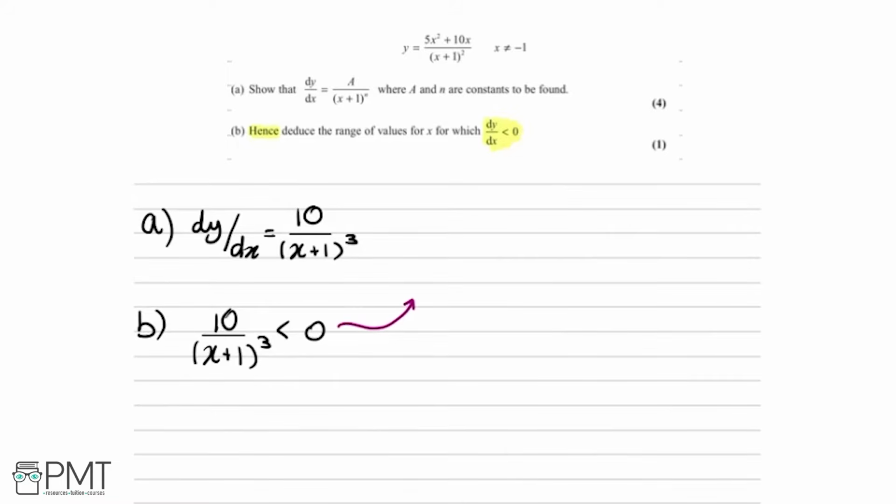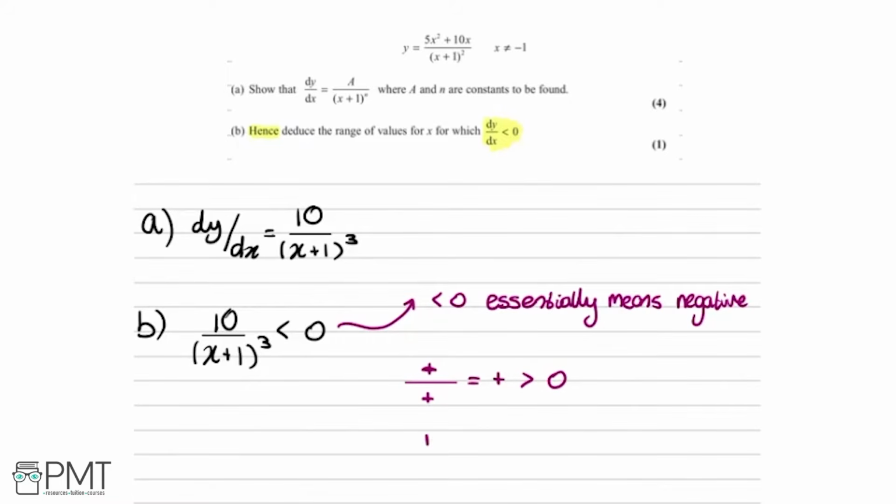If we think about this, less than 0 essentially means negative. So we need to work out for what values of x this expression is negative. Now we see it's in fractional form, so if you've got a positive over a positive, that equals a positive, so that is greater than 0.